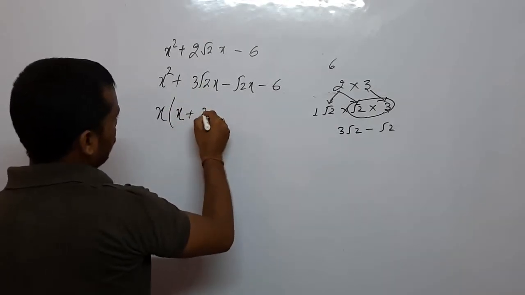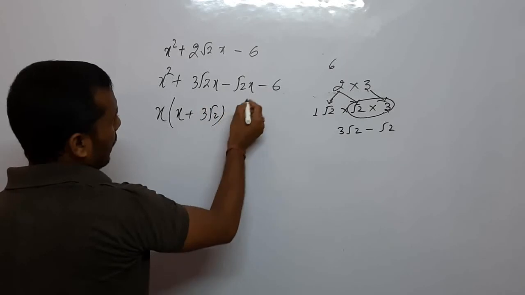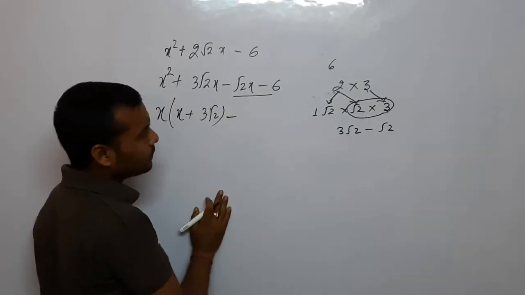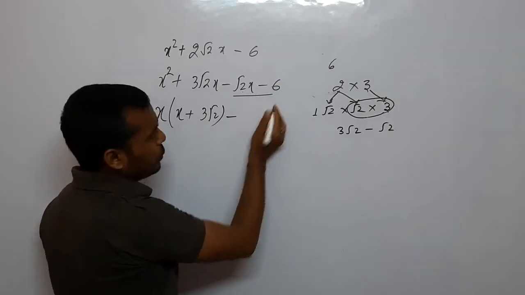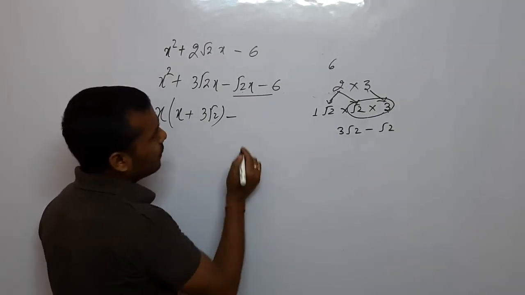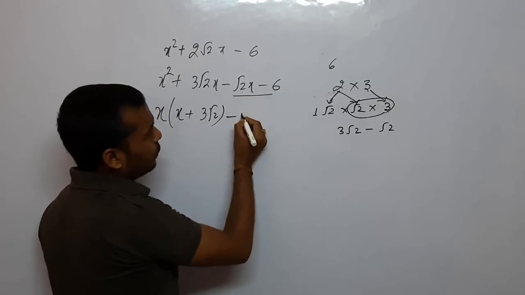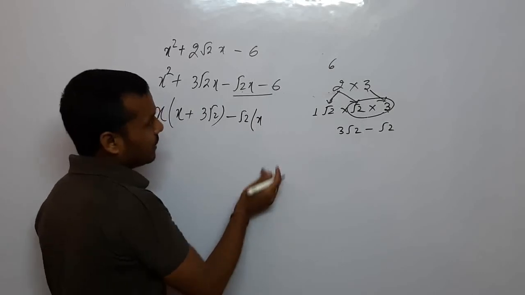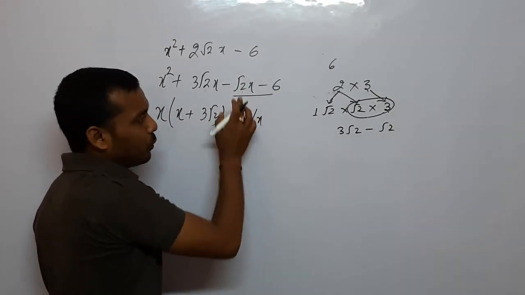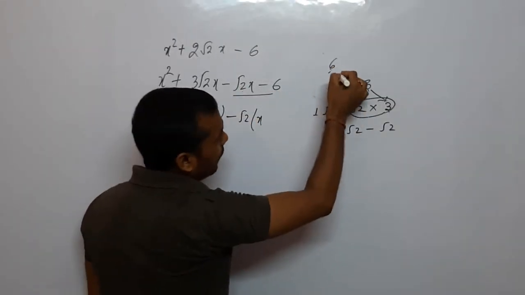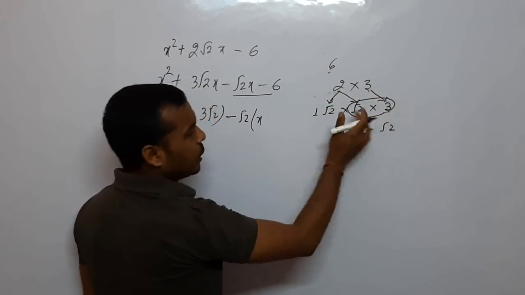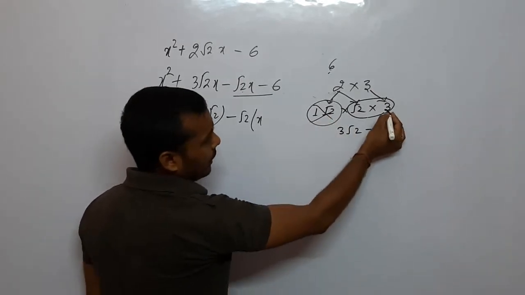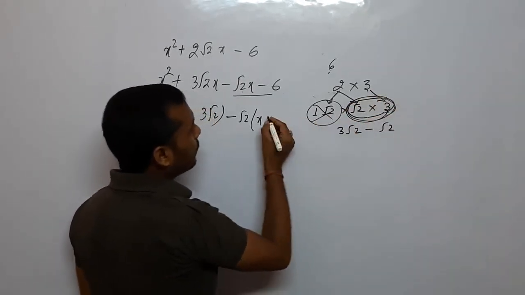x common from the first two terms, x times x plus 3 root 2. Here student, take the minus common from both the terms, and in this what could be taken as common? 6 is here, root 2, you can take root 2 common, as when you take root 2 you will be left with x. In the 6 you have taken root 2 common, so you are left with 3 root 2.